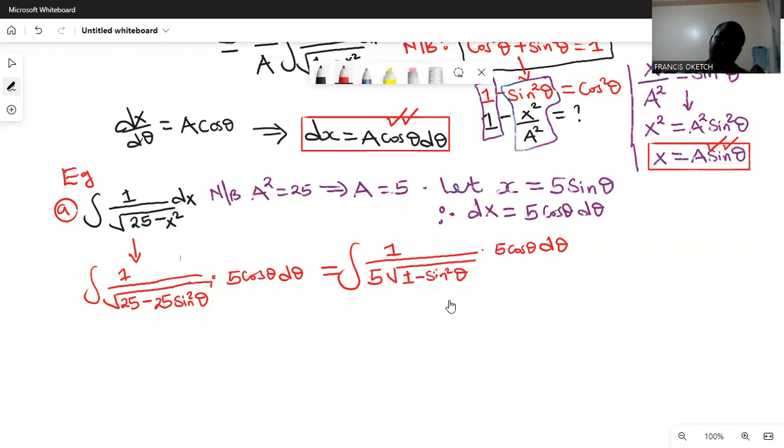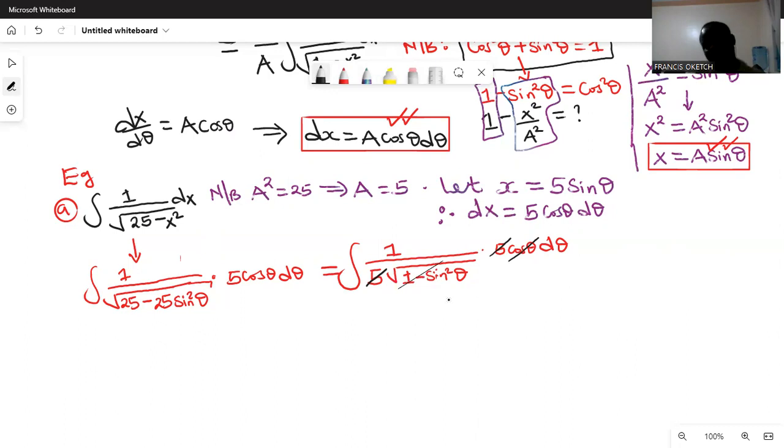This 5 will cancel with the other 5. And 1 minus sine squared theta is the same as cos squared theta, so the square root of 1 minus sine squared theta is cos theta.